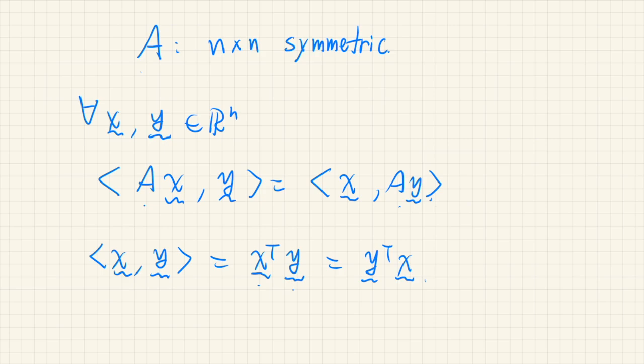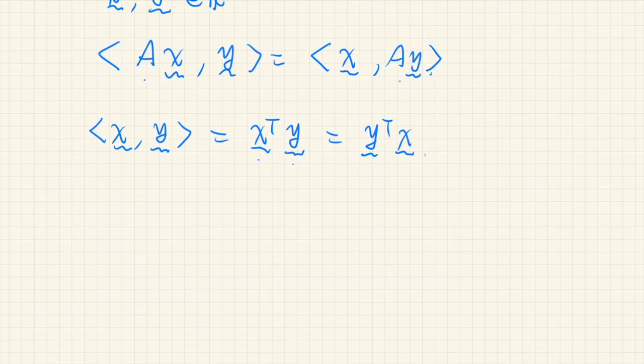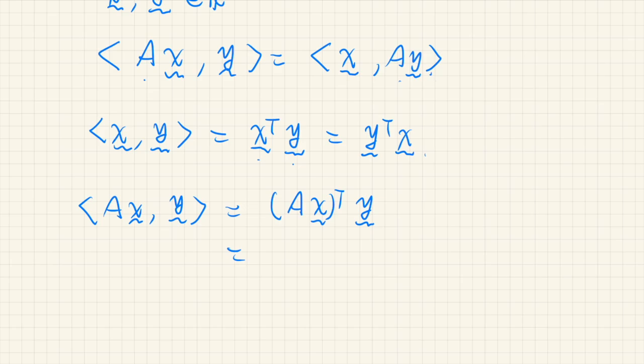Okay, noting this, let's consider this inner product between Ax and y. This is equal to (Ax) transpose times y. But the transpose of a product is the product of transposes with each factor reversed, so x transpose times A transpose and y.